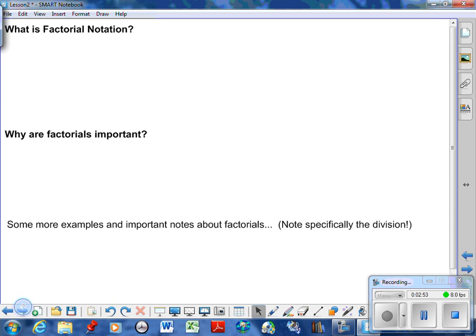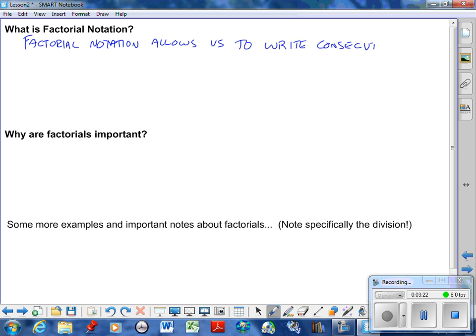All right, moving along then. What is factorial notation? That's where we'll start today. Factorial notation allows us to write consecutive integer multiplication efficiently.